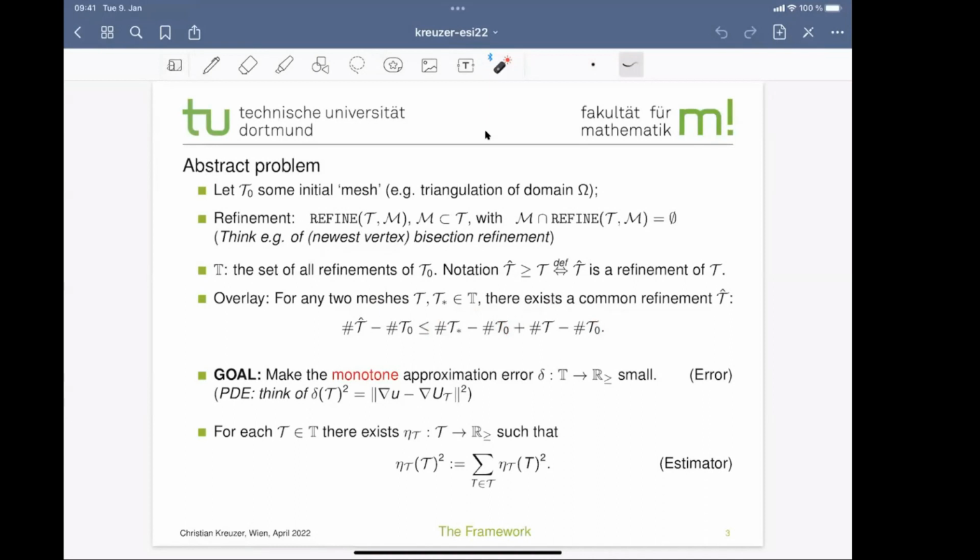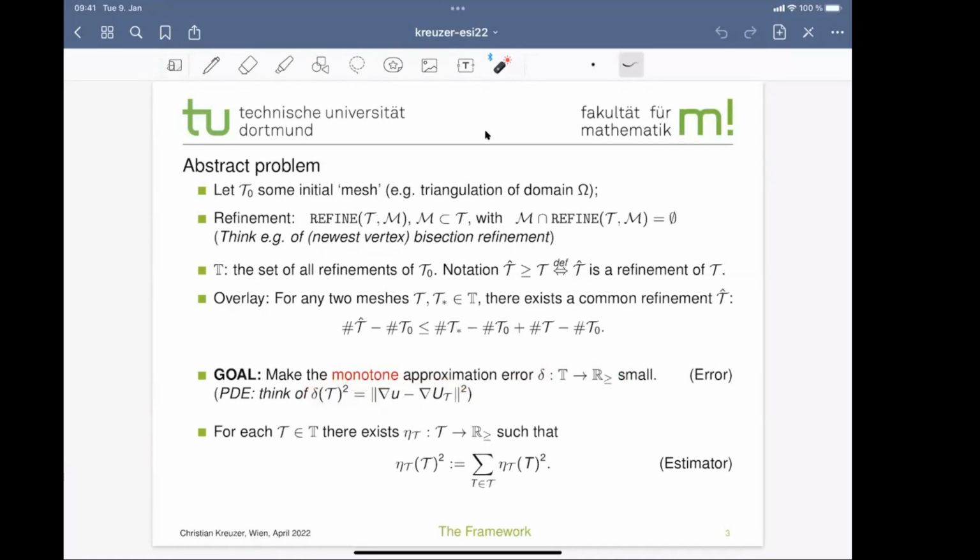Okay, having this triangulation framework and refinement framework available, our goal is to make an approximation error, which we call delta, and which acts on the set of triangulations, small. You may think of delta to be, for example, in the Poisson problem, just the H1 semi-norm, something like that, right?